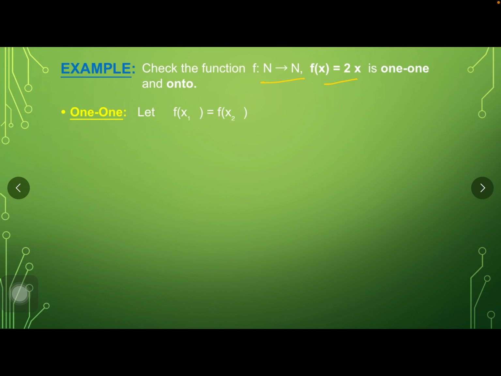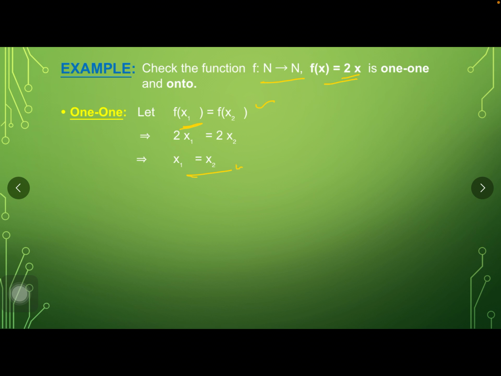So now let's take an example about this. Here we have the function f from N to N, and f(x) is given as 2x. We have to check whether this function is one-one or onto. First we check the one-one. What was the one-one condition? We put f(x1) equal to f(x2). So what is f(x1)?